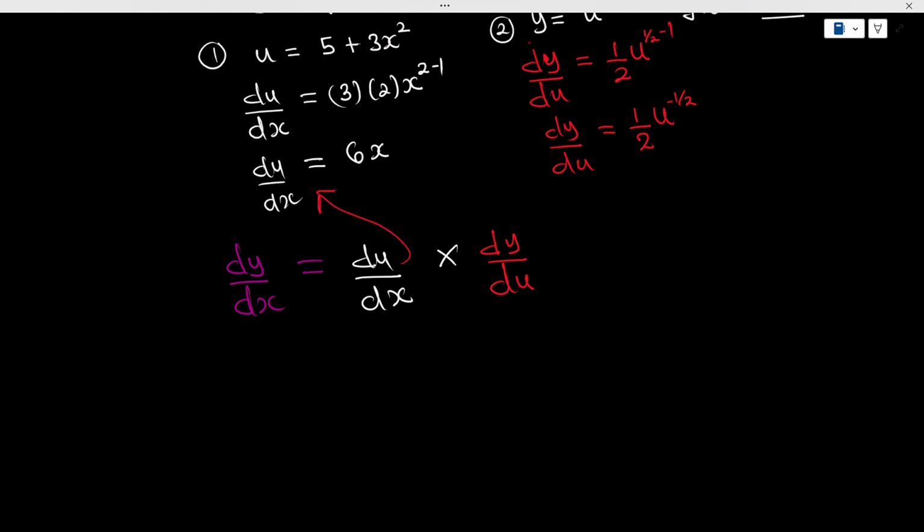Remember, this equals this, and this one equals this.